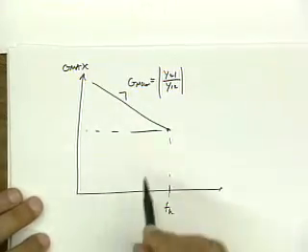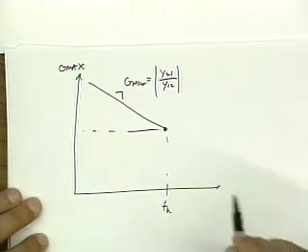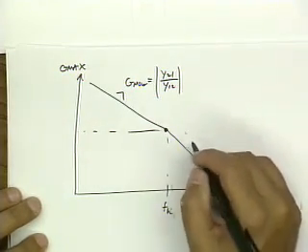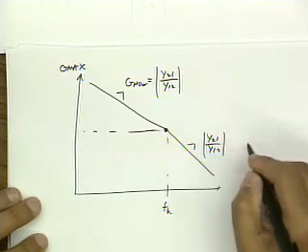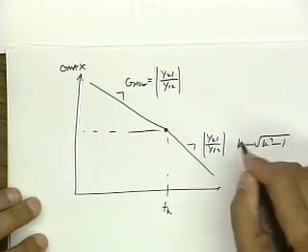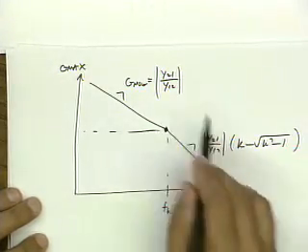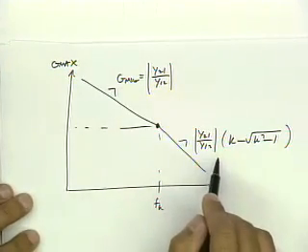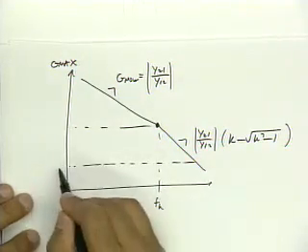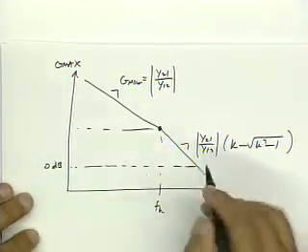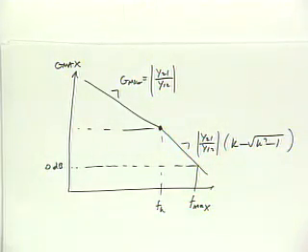Beyond this knee frequency, though, it's unconditionally stable. There's a unique solution, and we observe a kink in the curve because now we're using y21 over y12 times K minus the square root of K squared minus 1. And of course, these two meet at this point because this is, by definition, this expression for K equal to 1. And there'll be some frequency where this crosses 0 dB. That, of course, we define as the maximum frequency, or the Fmax of the device.